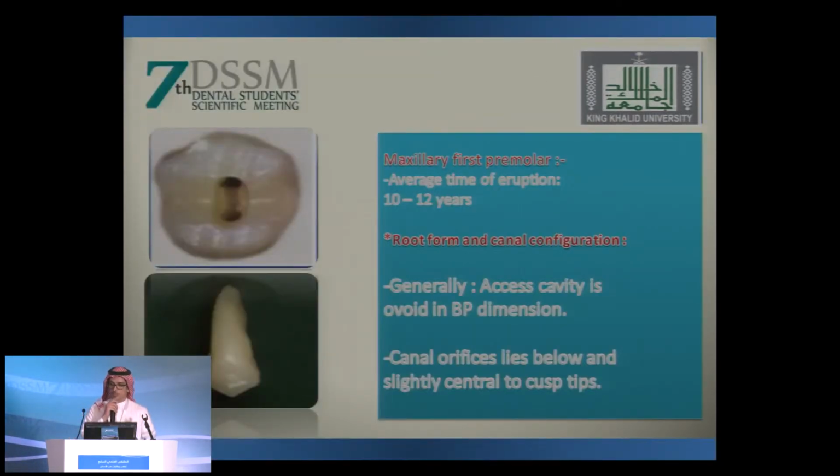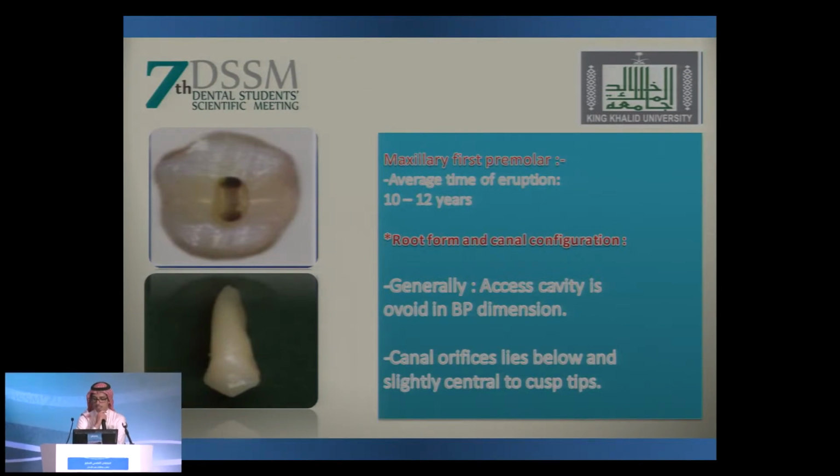Let me go with the anatomy, or the general things. The maxillary first premolar's average time of eruption is 10 to 12 years. For the root form and canal configuration, generally the access cavity is ovoid in buccopalatal dimension, and a canal orifice lies below and slightly central to the cusp tip, as you saw in the figure.